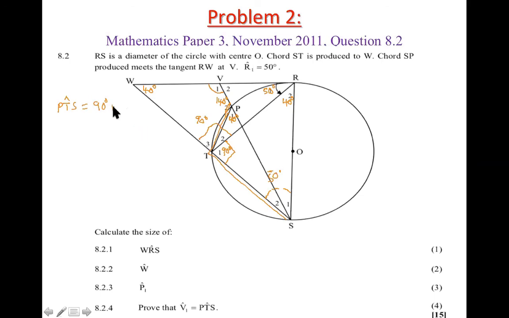As was already said, right? Yes, sir. Good. Then, sir, we can say that T2 is equal to S1 because of angles in the same segment. You are now talking. So T2 is equal to S1.